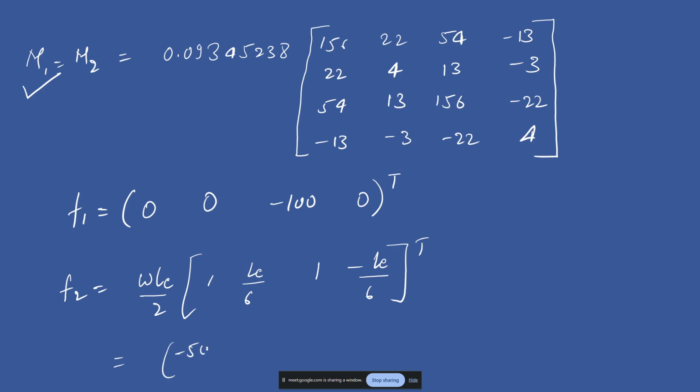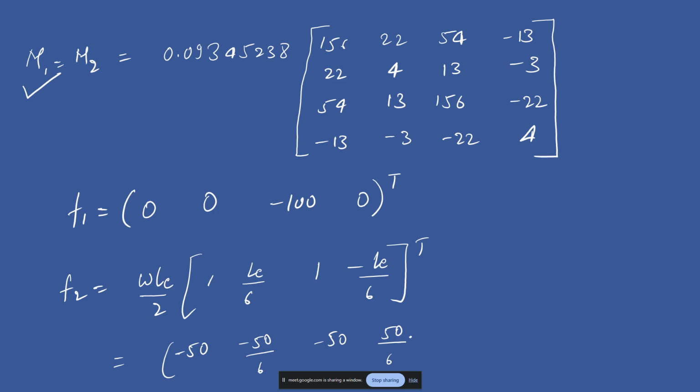Taking the transpose of this, what we'll get is minus 50, minus 50 by 6, minus 50, 50 by 6, and the corresponding transpose.